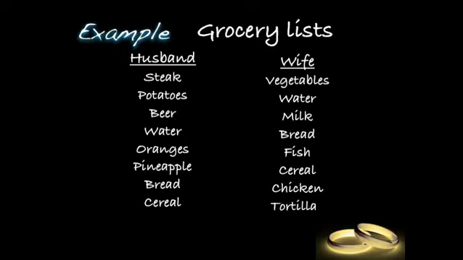Notice when we combine these lists, we form the union. There may be some items that are in both lists. The husband wants 8 items. The wife wanted 8 items. Let's take a look at what happens.